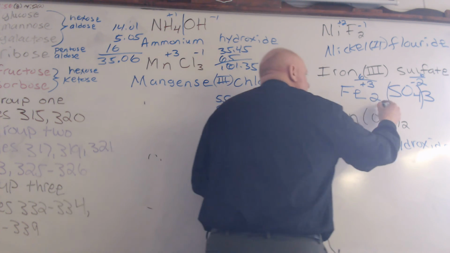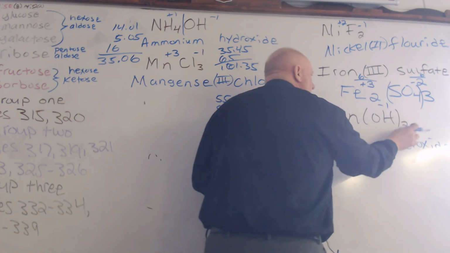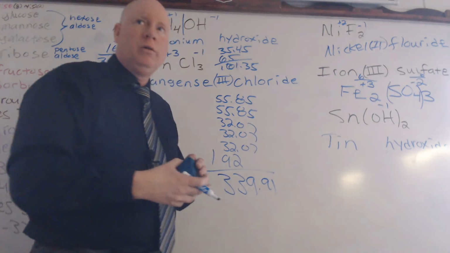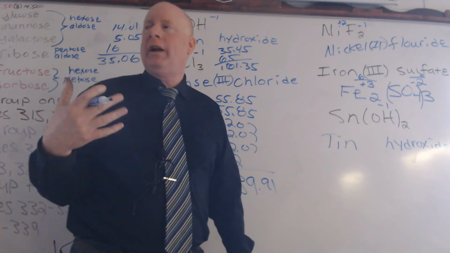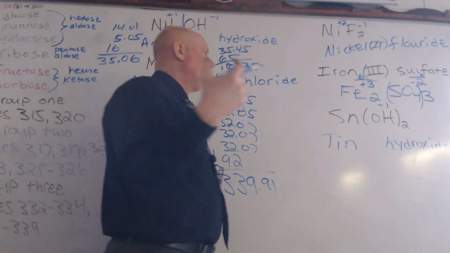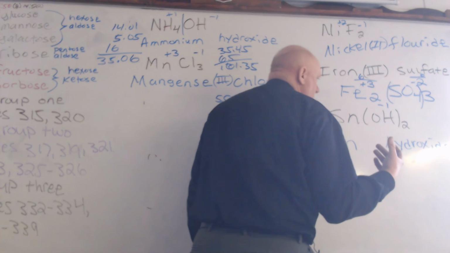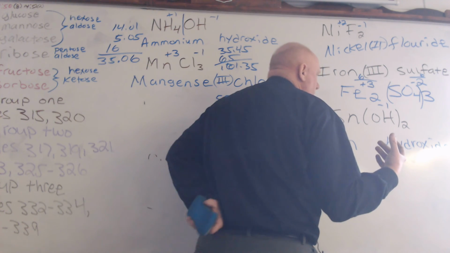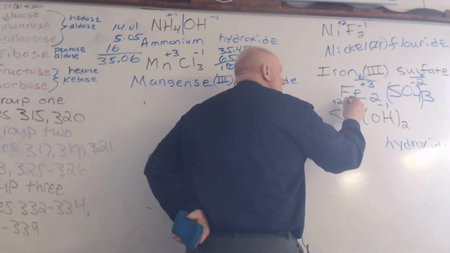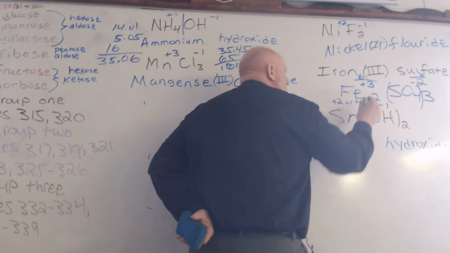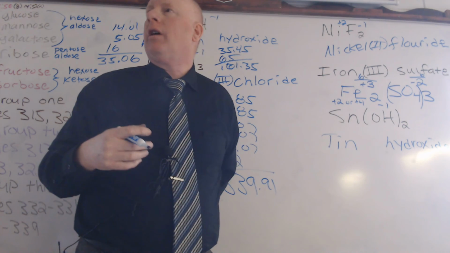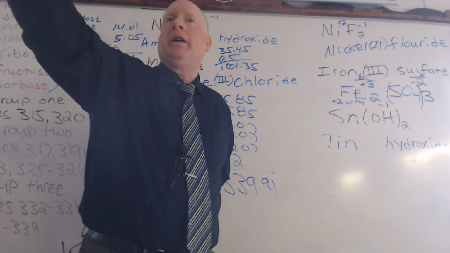This has a -1. And how many hydroxides do we have? 2. So tin can be either what or what? 2 or 4. So it's either +2 or +4. So what charge of tin do we need to add up to 0?